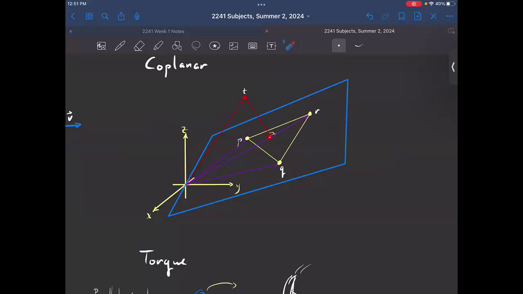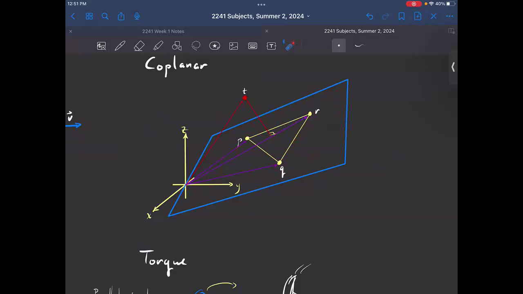Here's a line perpendicular to T and perpendicular to the triangle and the plane. But all of these vectors, the purple ones and the ones between P, Q, and R, are all in the same plane. That is what it means for vectors to be coplanar.